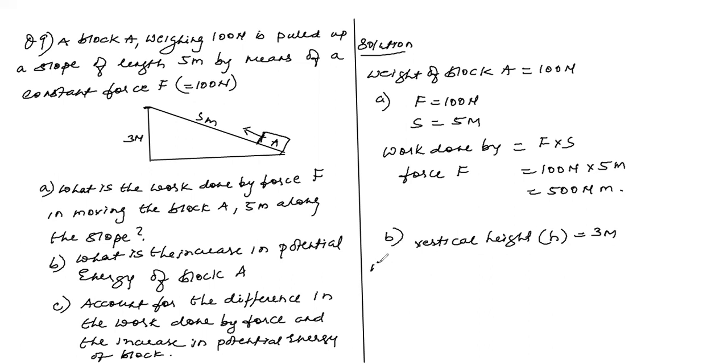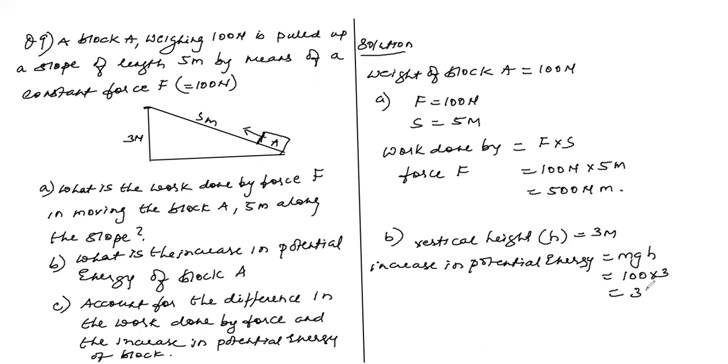So the increase in potential energy is equal to mgh. m is how much, children? This is 100 into 3.